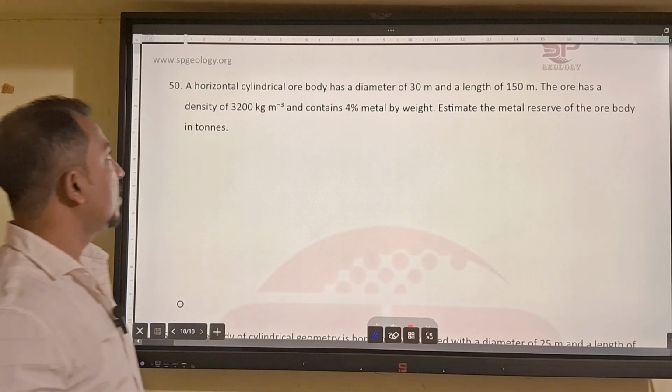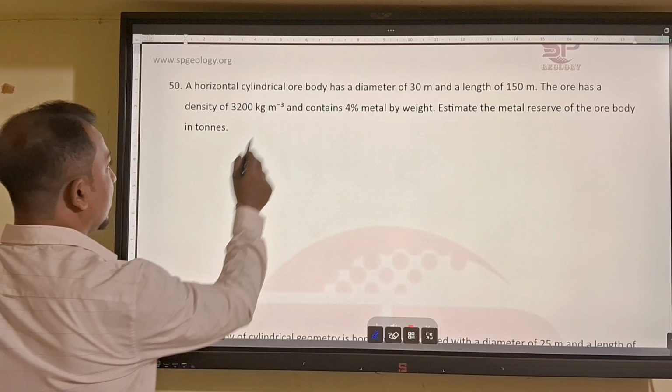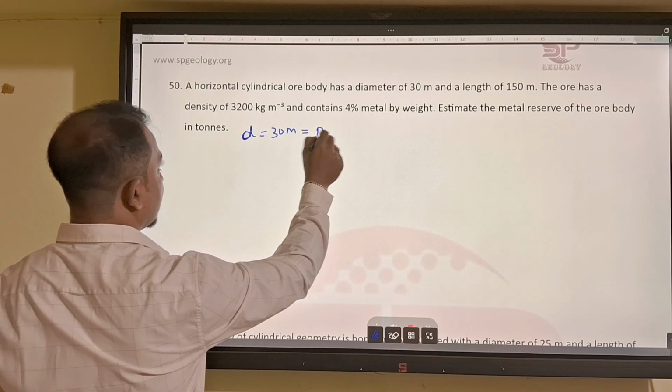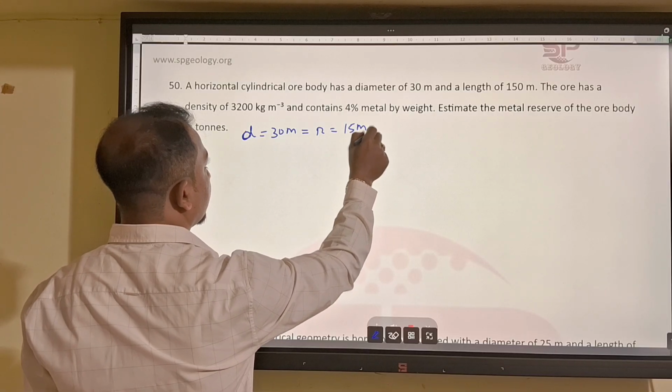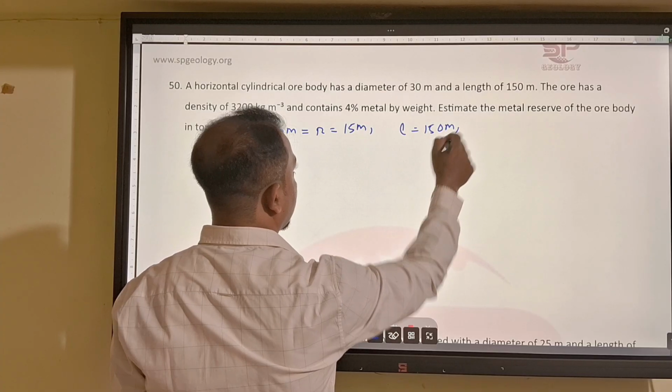So let's solve this problem. We have a horizontal cylindrical ore body with a diameter of 30 meter. That means radius is 15 meter. Then length is given as 150 meter.